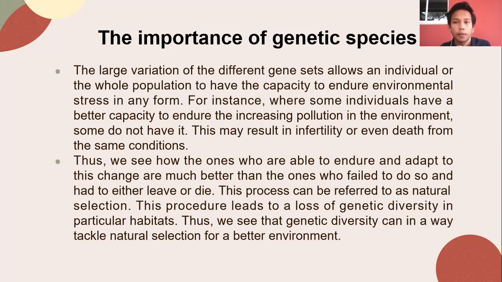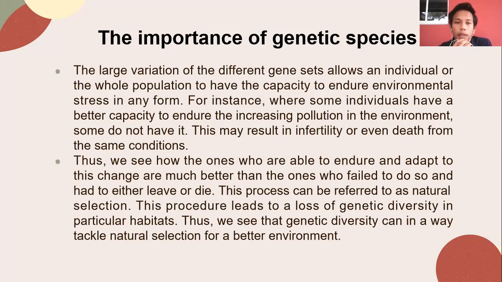The large variation of the different gene sets allows an individual or the whole population to have the capacity to endure environmental stress in any form. For instance, where some individuals have a better capacity to endure the increasing pollution in the environment, some do not.